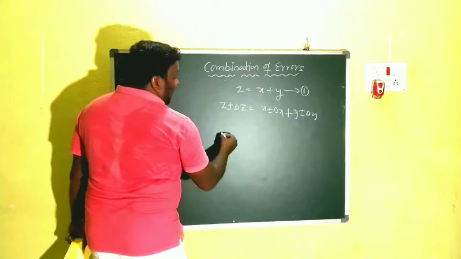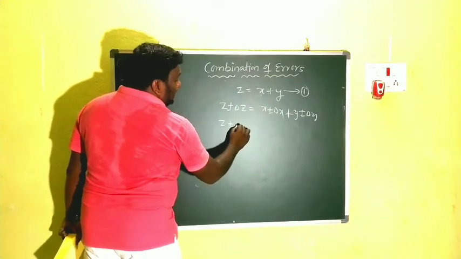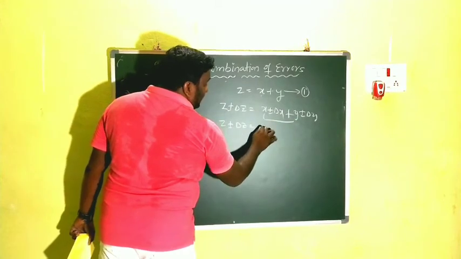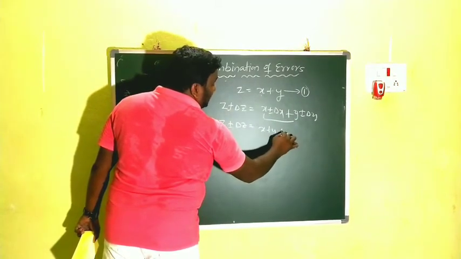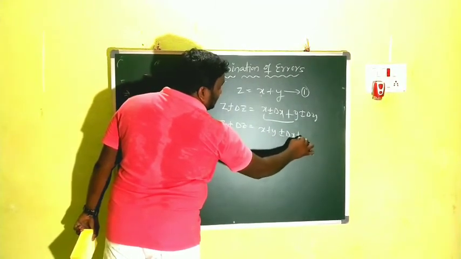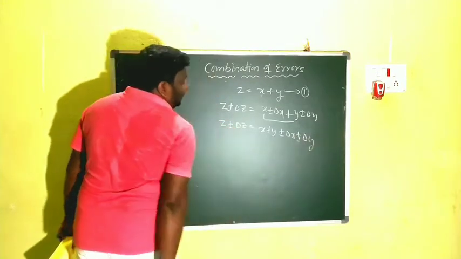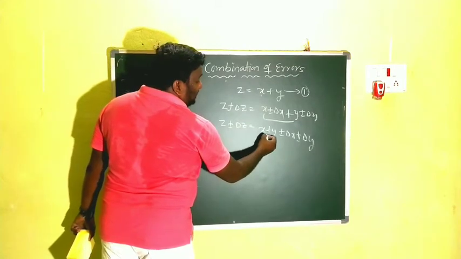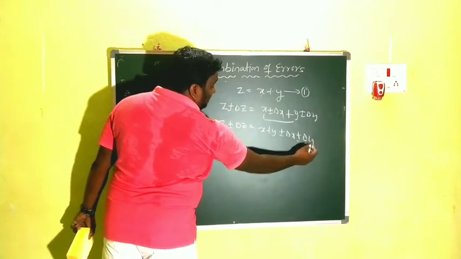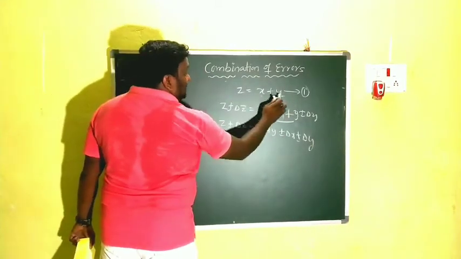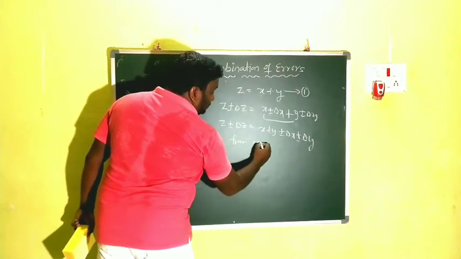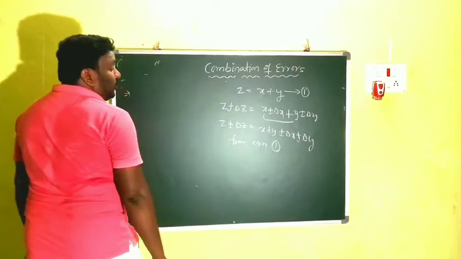So after that, I am writing z plus or minus delta z is equal to x plus y plus or minus delta x plus or minus delta y. From equation 1, x plus y means what? Z.